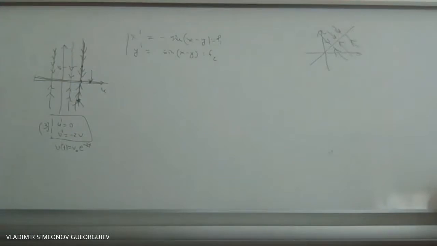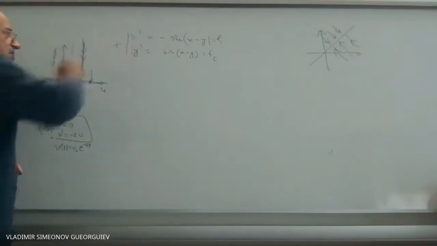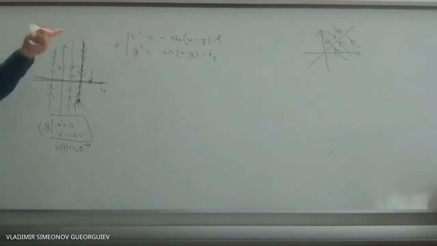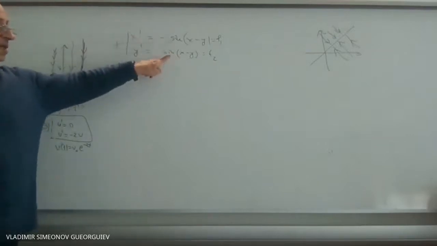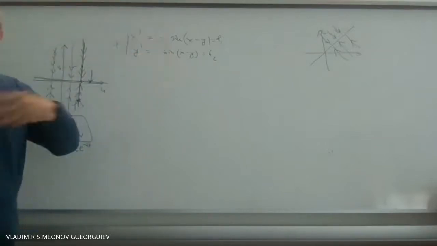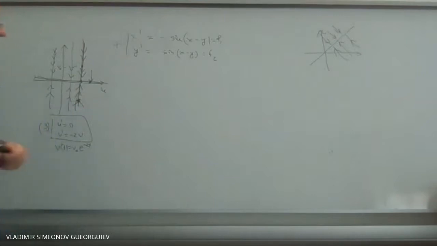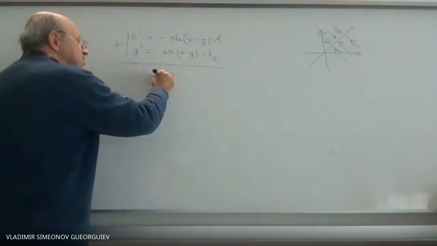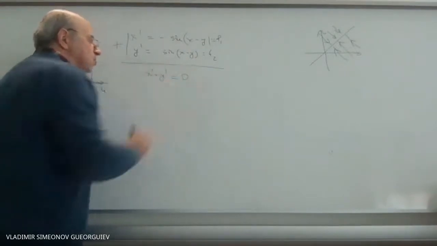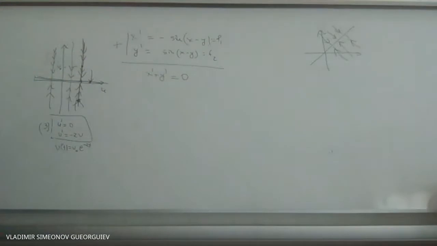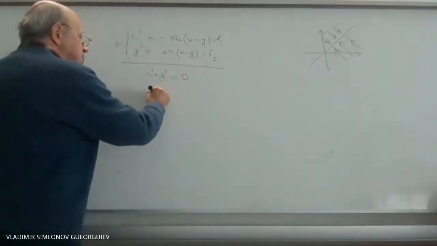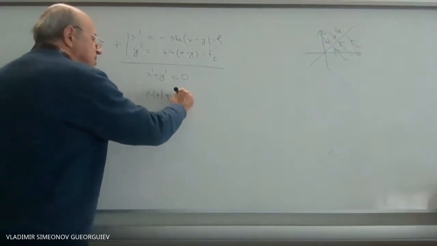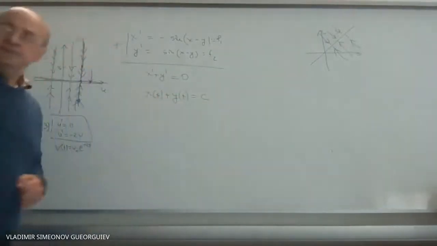Here there is a very simple operation that we can do. Take the sum of these two equations. Why? Because you see minus sign, plus sign, the sum gives cancellation. Therefore, taking the sum, we immediately get x prime plus y prime equals 0. And this gives you an important rule: x(t) plus y(t) equals a constant.